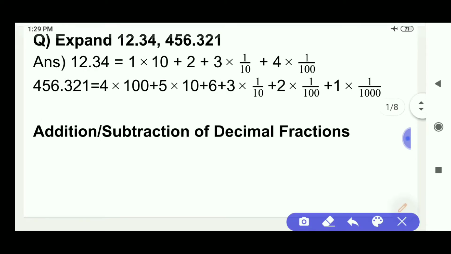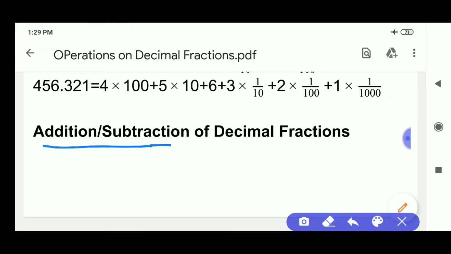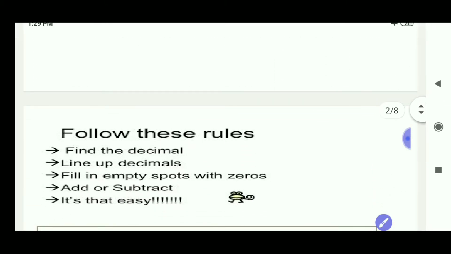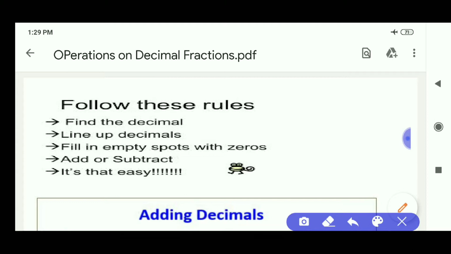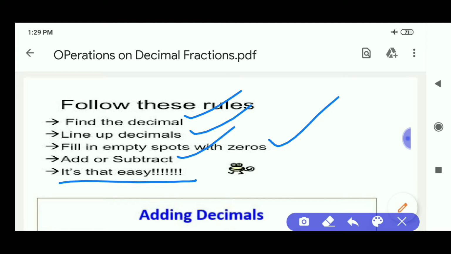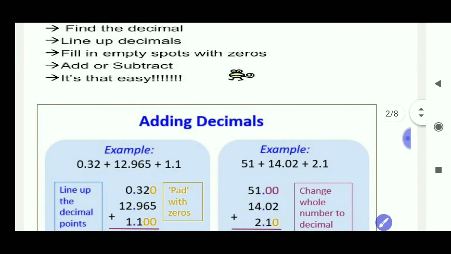Now, how to add or subtract decimal fractions? Very simple. Follow the rules. What are the rules? Find the decimals first, line up the decimals, fill the empty places with zeros, then add or subtract. That's easy.